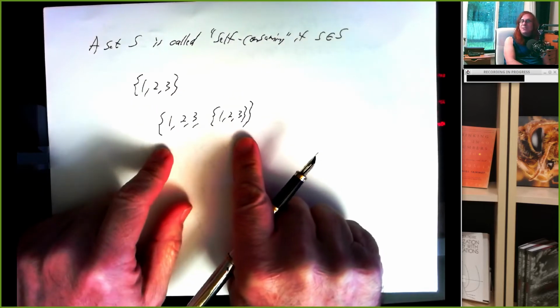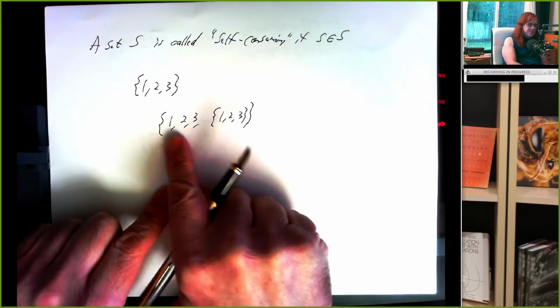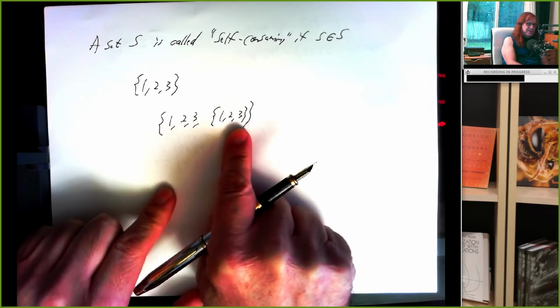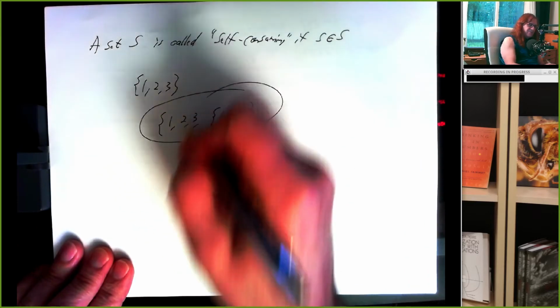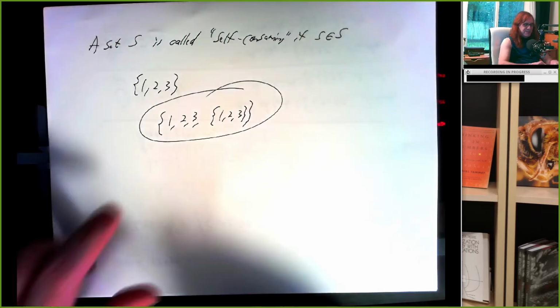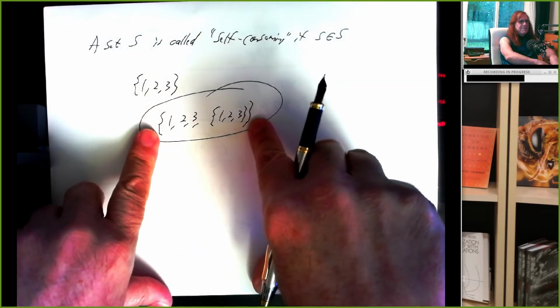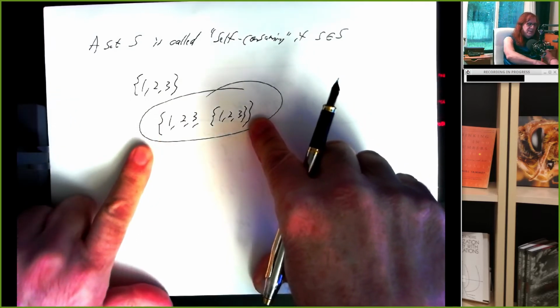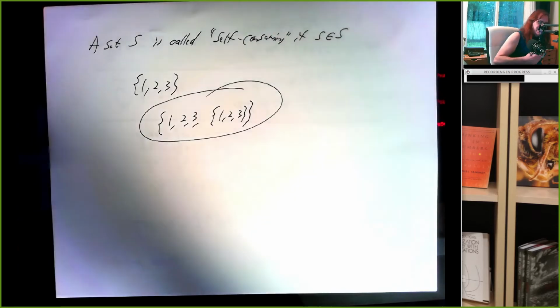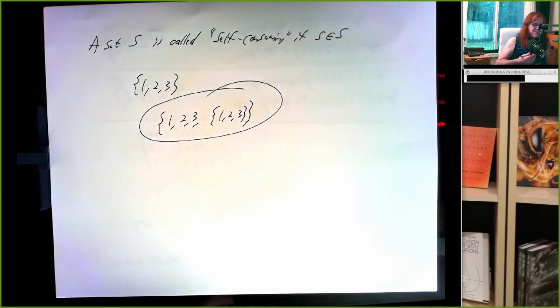Well, this is a set containing 4 things now: an integer, a bigger integer, and a set. But this set is still not self-consuming. To be self-consuming, it would also have to contain this set itself. So most sets that we can think of are not self-consuming. But if there was a set that contained itself, we would say it's self-consuming.